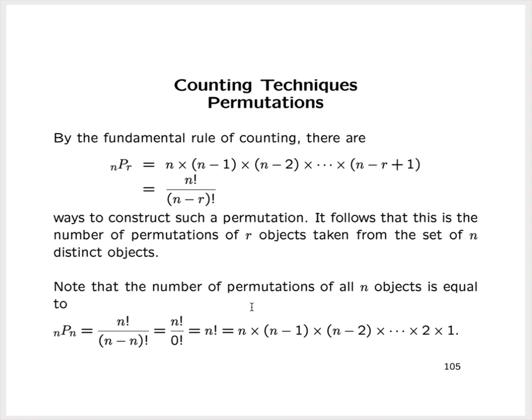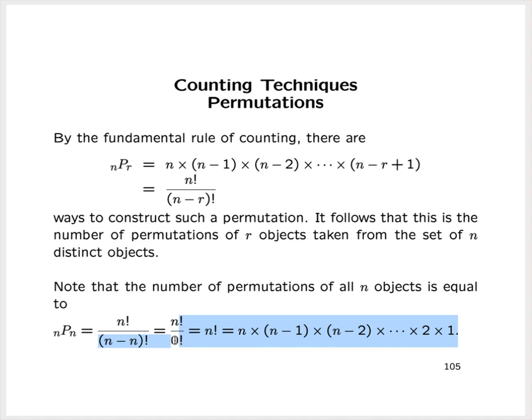Now, sometimes we want to permute all n objects. In other words, we want to permute n objects taken n at a time. Utilizing this formula, this formula still applies. That would be given by n factorial over n minus n quantity factorial, or n factorial over 0 factorial.